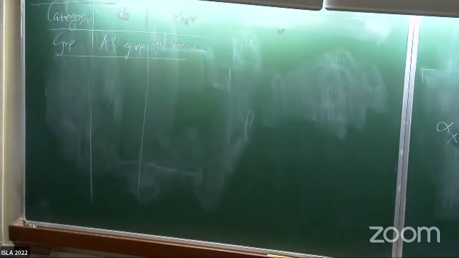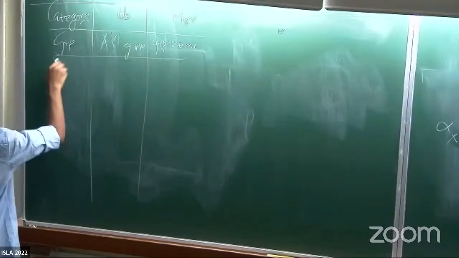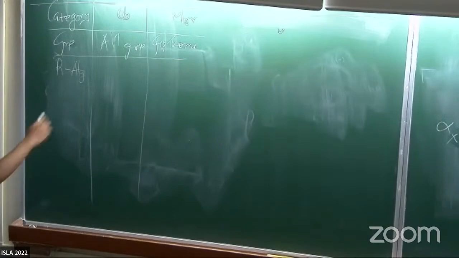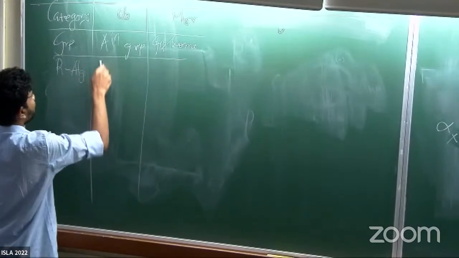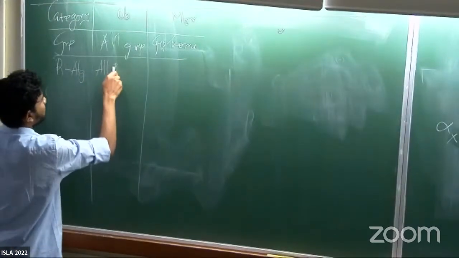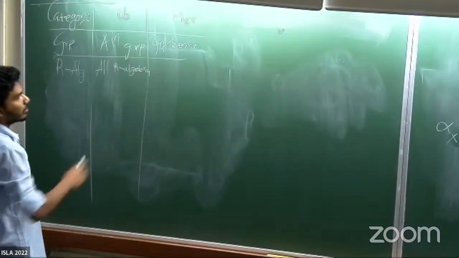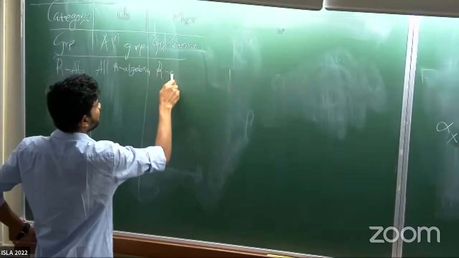Now, what about Anand? Anand, can you tell me? Yeah, how about the category of R algebras for a fixed ring R? Given a ring R, you can talk about R algebras where objects are all R algebras, and you take R algebra homomorphisms, right? Yeah.